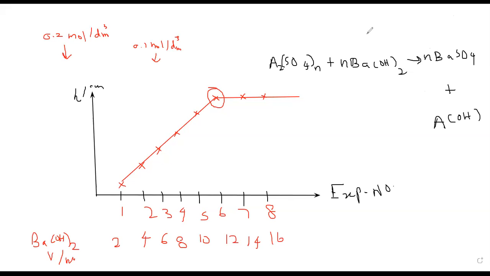Then, what is the other thing? On the left, there are two A's. So on the right also, there should be two A's. You have to put 2 here. But on the left, OH, if you take the OH group, 2n amount of OH group.